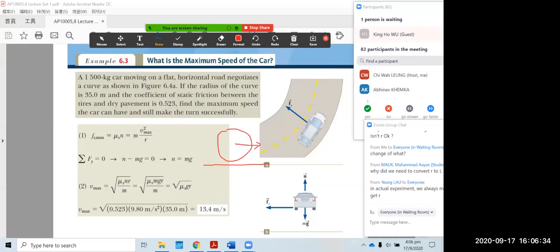If it slides, you will see a very thick layer of rubber on the road surface. That does not happen. If it happens, it is very dangerous. When the car is moving on the road, it is actually rolling on the road surface. At the point of contact between the road surface and the wheel, the wheel as a whole is moving forward, but the surface of the wheel at this point is actually going backward.